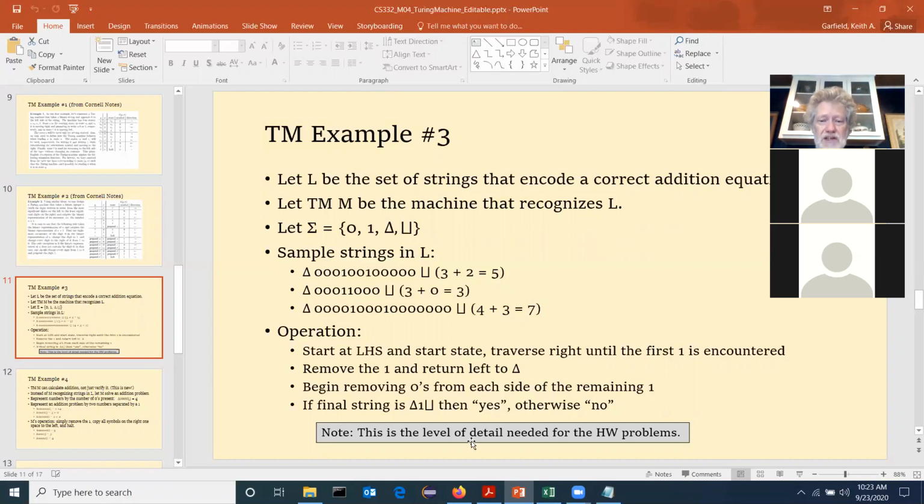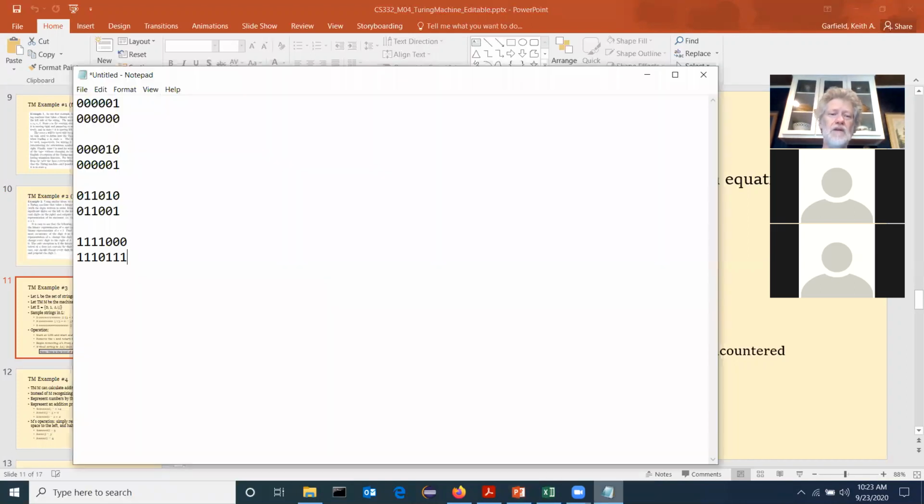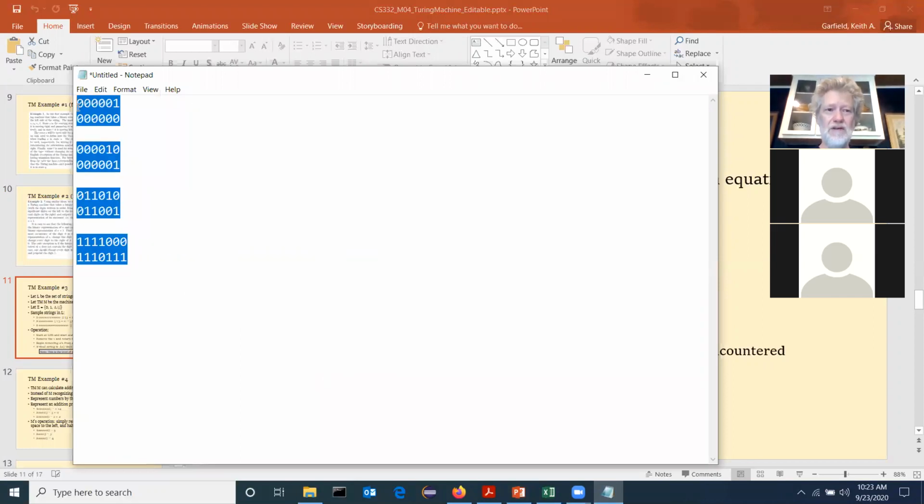Now, let's see. Once I remove that 1, let's do that first string. I can't do the triangle in Notepad, so I'll do that. I've got 3 plus 2 equals 5, and the end-of-file marker.